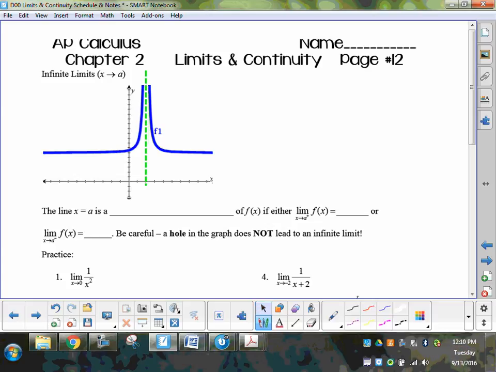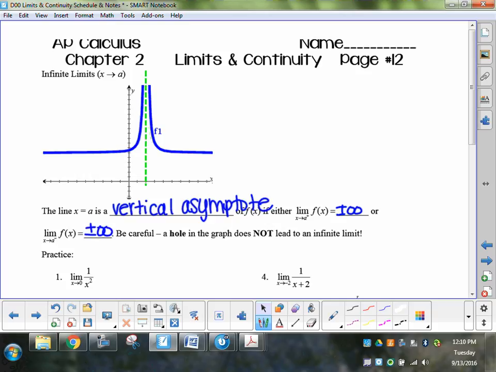The line x equals a is called the vertical asymptote if either the limit from the left or the right goes to positive or negative infinity. Be careful, a hole in the graph doesn't lead to an infinite limit. That should make sense. If there's a vertical asymptote, it's like a force field. The graph isn't going beyond it.